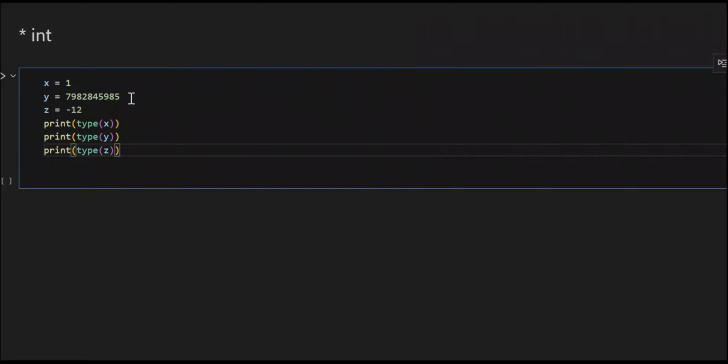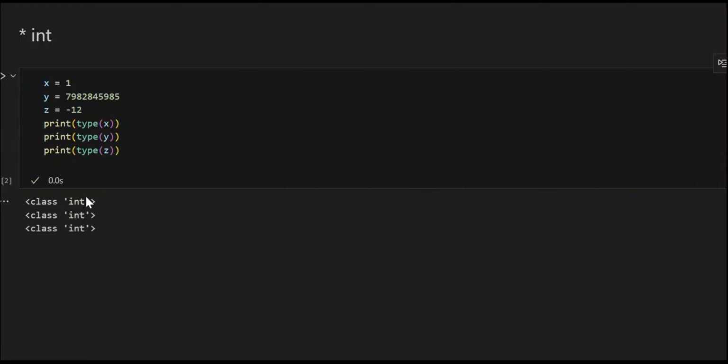What is the output? All are integers. Integers take both positive and negative numbers also. Okay. And the next one, I will tell about the float.